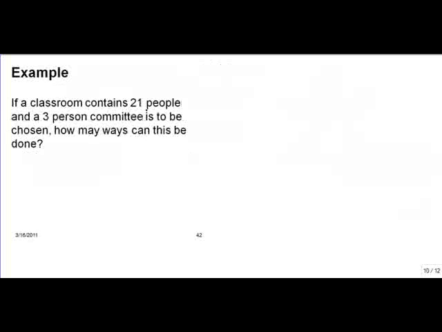So if a classroom contains 21 people and a 3-person committee is to be chosen, how many ways can this be done? So again, we have a pool of 21 people, so n is 21, and we want a 3-person committee. So here r is equal to 3.